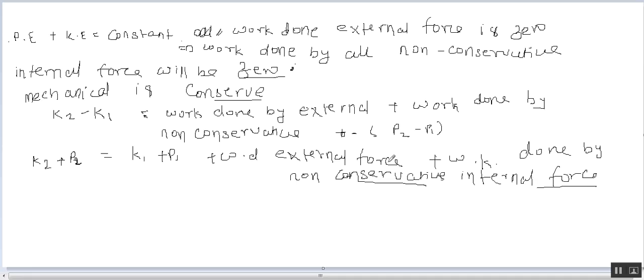If this quantity is 0 and this quantity is 0, then energy will be conserved. If this is not 0, then it will take a relation like this.